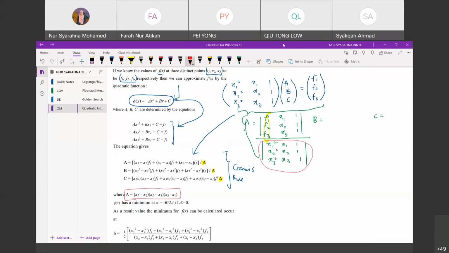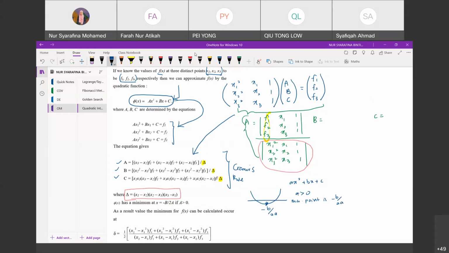Once you obtain the values of a, b, and c, the minimum point of the quadratic function is theoretically given by minus b over 2a. Remember, in a quadratic function ax squared plus bx plus c, when a is greater than 0, the minimum point is minus b over 2a.